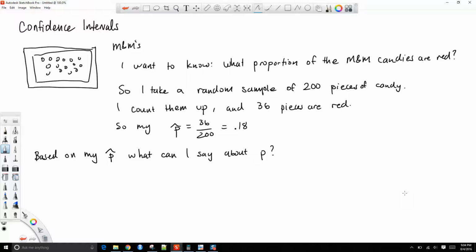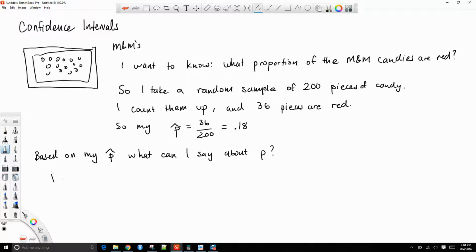If 18% of my sample is red, I would assume the tank is somewhere between, I'm just making up numbers, maybe 12% and 24% red. I would be really surprised if the tank turned out to be 50% red, or 90% red. So we can come up with an interval of values that are plausible values of p.